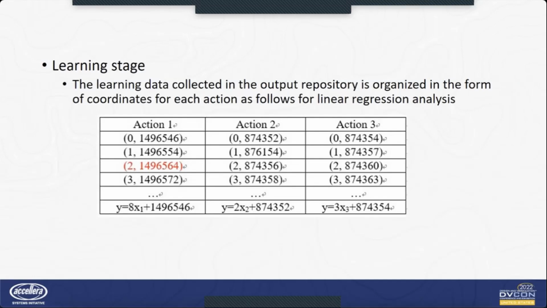In the linear regression algorithm of machine learning we used, if the linearity of some learning data is damaged, it is judged as an error compared with the linearity of other coordinates and excluded from the learning data. The linear equation of each action obtained through this process is shown in the bottom row.